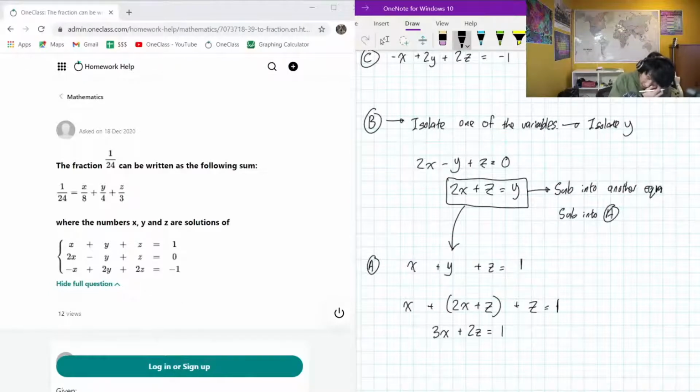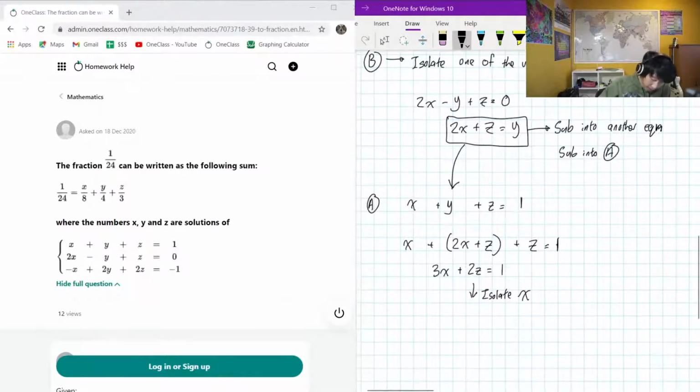Now we want to follow the same procedure again. So we want to isolate one of the variables. So let's isolate x. To do that, we'll have to bring the 2z to the other side and divide both sides by 3.